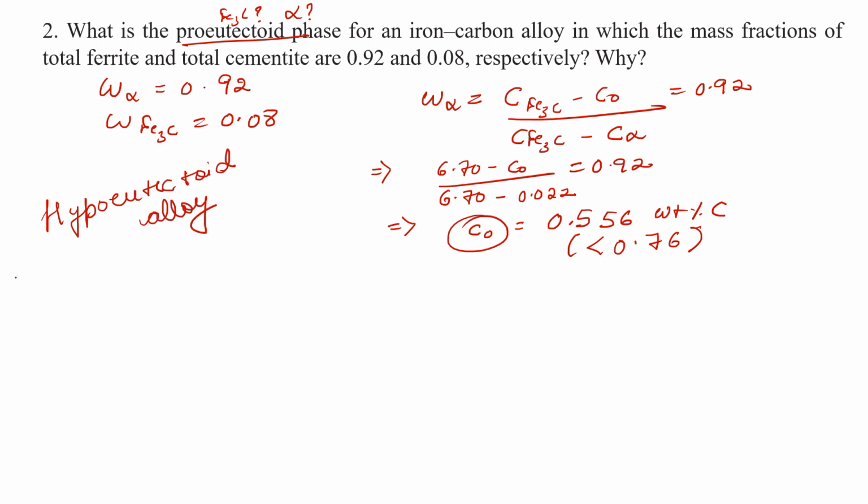So my proeutectoid phase is nothing but alpha, right? So what is the proeutectoid phase composed percentage?